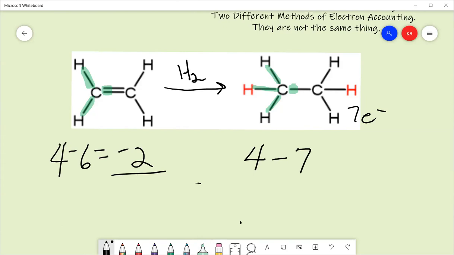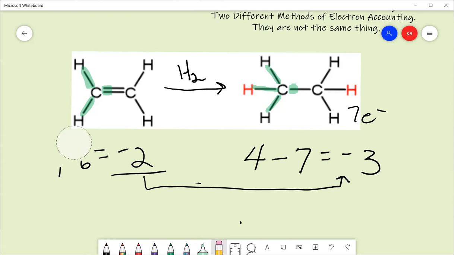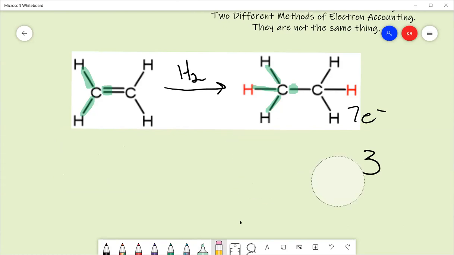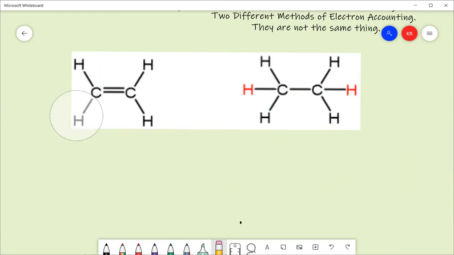So it's 4 minus 7. That is equal to minus 3. So again, I've reduced the oxidation number for each of those carbons. So that reaction is indeed a reduction reaction. So it doesn't have to just be an increase in the number of bonds to oxygen.